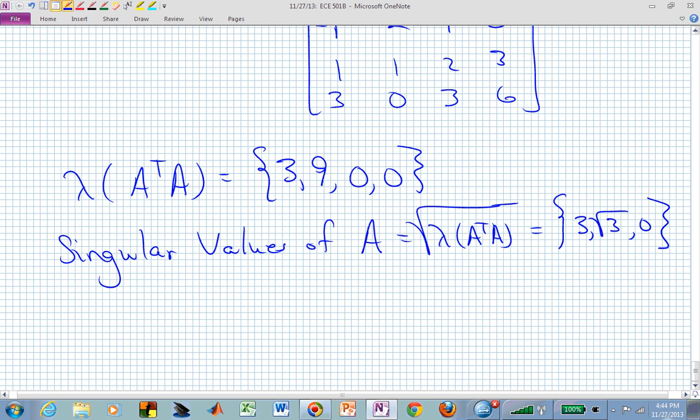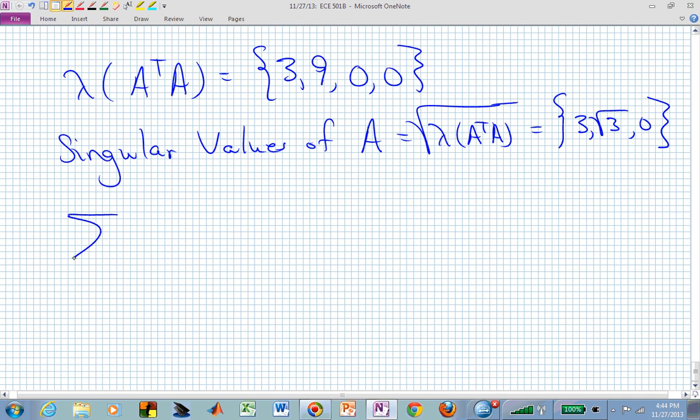So now that we know the singular values, we can build up this sigma matrix. We said it was diagonal. We have the biggest one, 3, the next one is the square root of 3, and then we have a 0. What's the size of this matrix? We said it was 3 by 4.